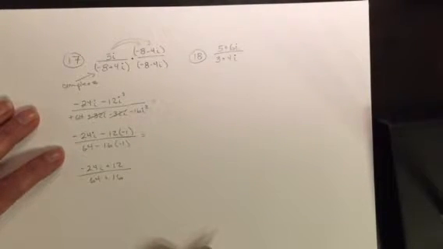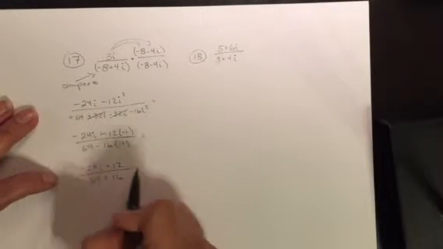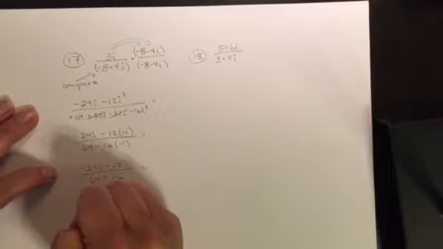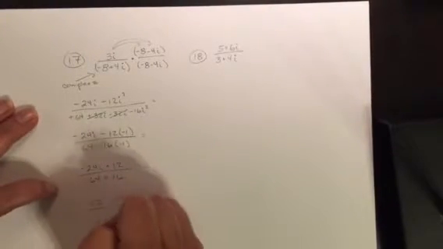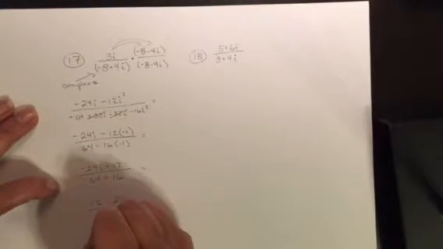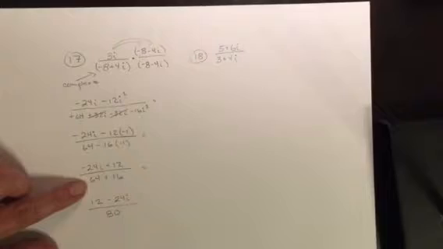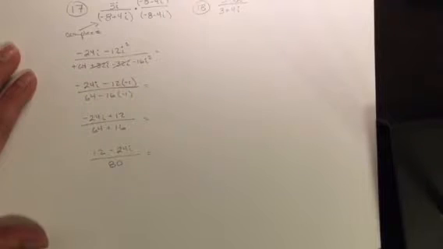I need to rewrite this because, first of all, my imaginary term needs to go second. So 12 minus 24i, so real number, imaginary number. And in the bottom, it's going to be over 80, when I add 64 plus 16. And now I can reduce.